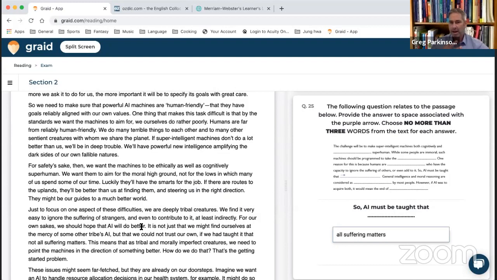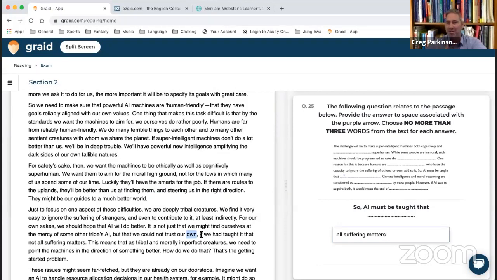So as humans, sometimes we can make others suffer directly or indirectly, but we have to hope as humans that artificial intelligence are better than us, right? It is not just that we may find ourselves at the mercy of some other tribe's AI, right? So this means, tribes could be countries, but that we could not trust our own, right?